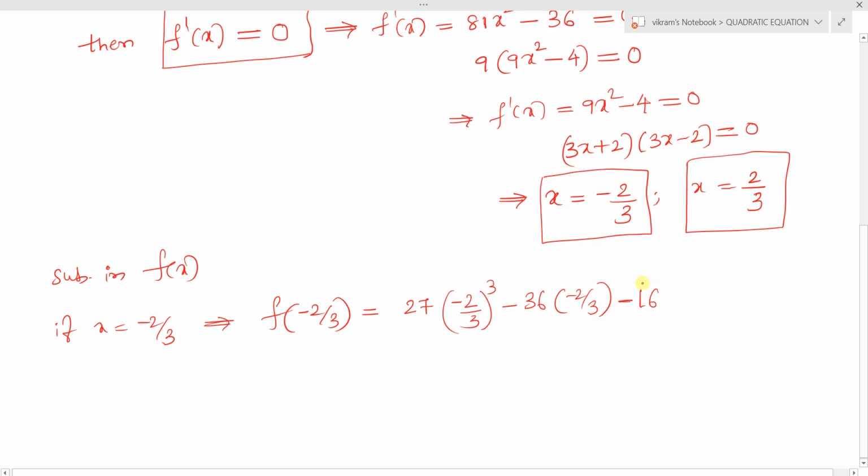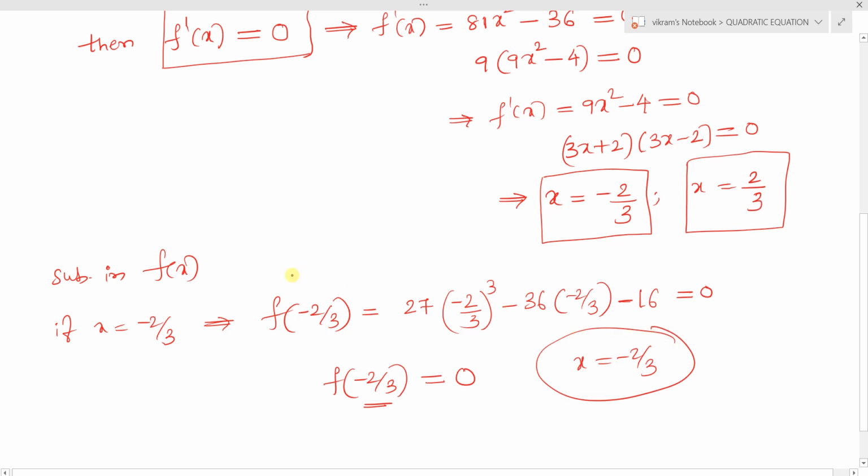If we simplify this, it equals 0. So f of minus 2 by 3 is equal to 0, which means x equal to minus 2 by 3 also satisfies f of x.